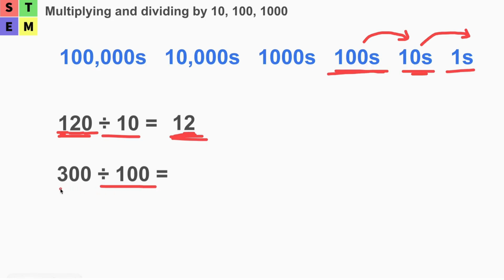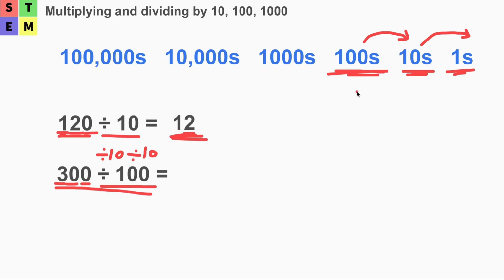We have 300 divided by 100, so we have 0 at ones, 0 at tens, and 3 at hundreds. Divide by 100 means divide by 10 and then divide by 10 again. So we are going to shift 2 places to the right.